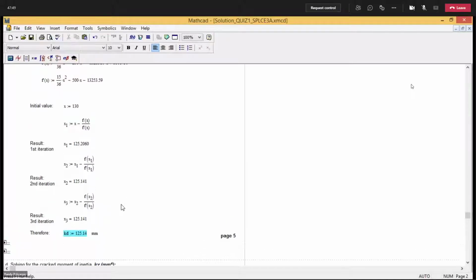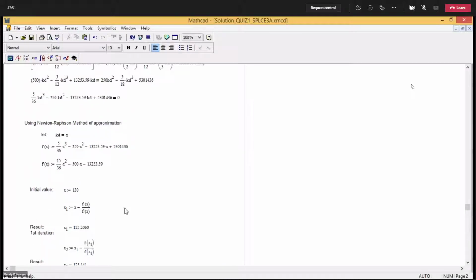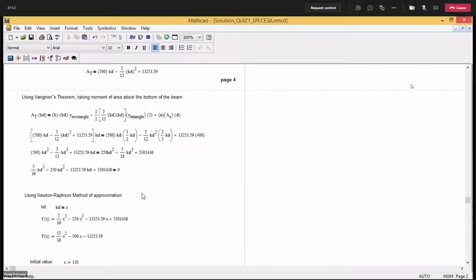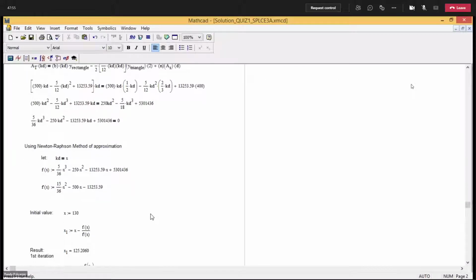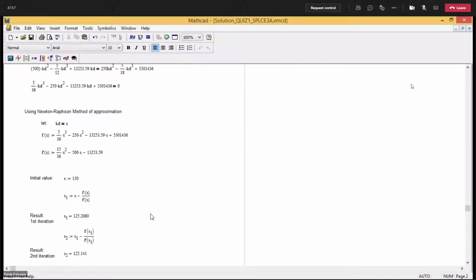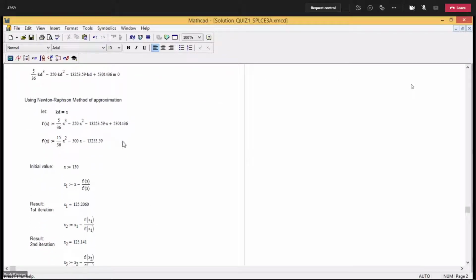Okay? So this is the computation on how to get your KD if you have a cubic equation. So one of the methods is Newton-Raphson method. Ito yung pinaka madaling tandaan. Yung iba kasing method, medyo hindi ako familiar, but there are a number of methods, like yung bisection method, and I think meron pang iba.